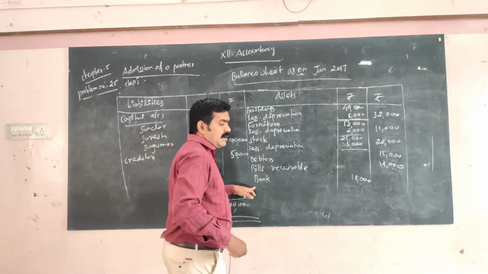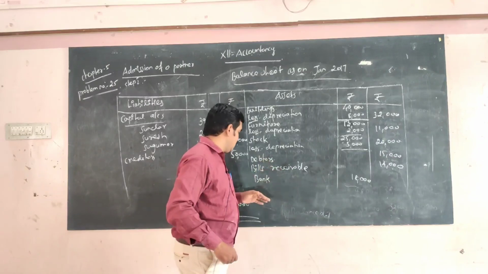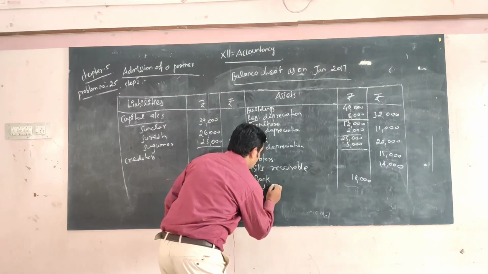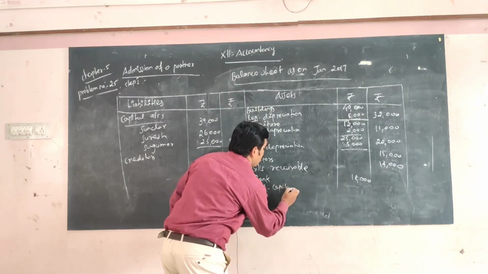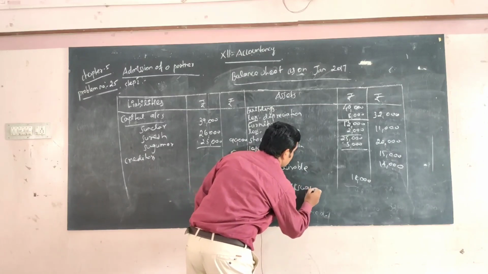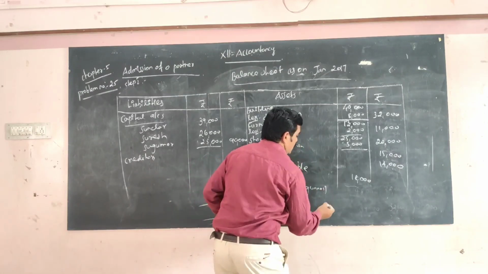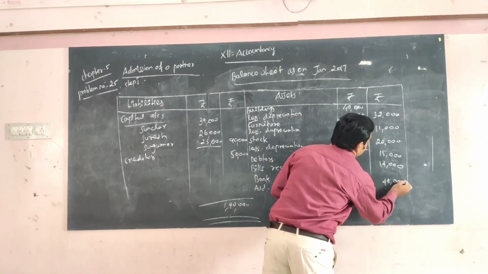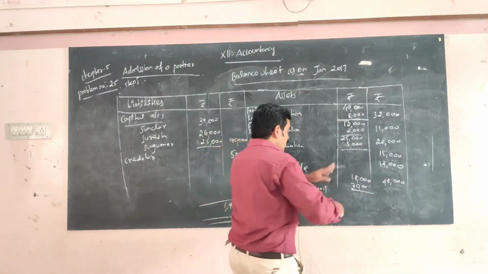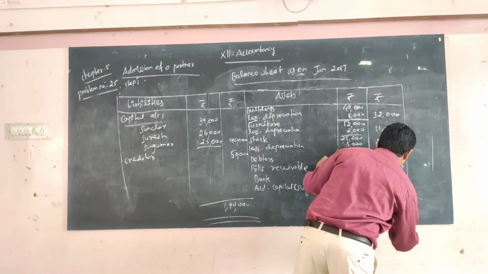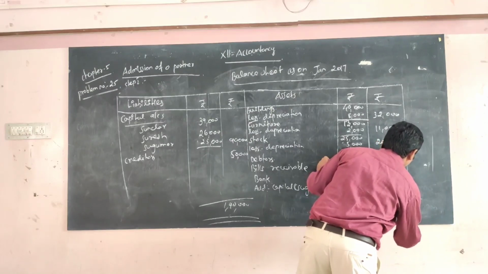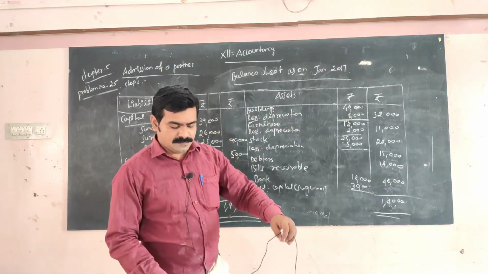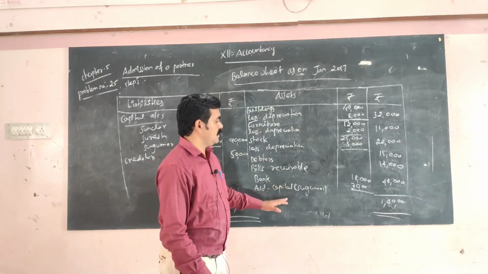You add to the amount already in the bank the capital Sukumar brought in, 30,000, so 48,000. Now the total amount is 1,40,000. Okay, this is the solution of this problem.